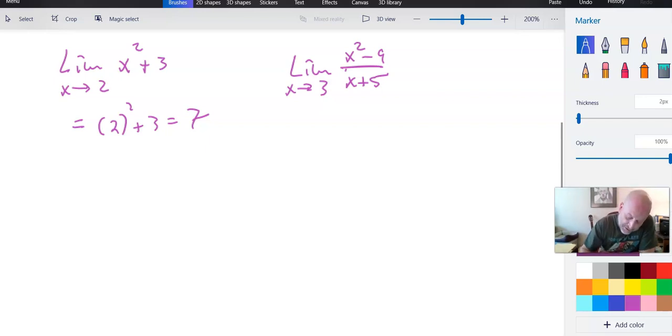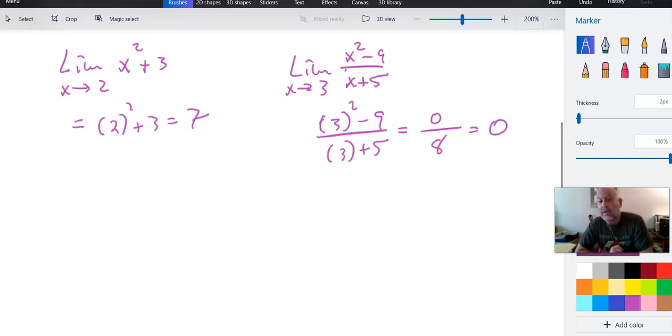If I evaluate this at 3, it comes out to a nice number. The denominator ends up being 8, and this is 9 minus 9, so that's 0. That means the limit is 0.